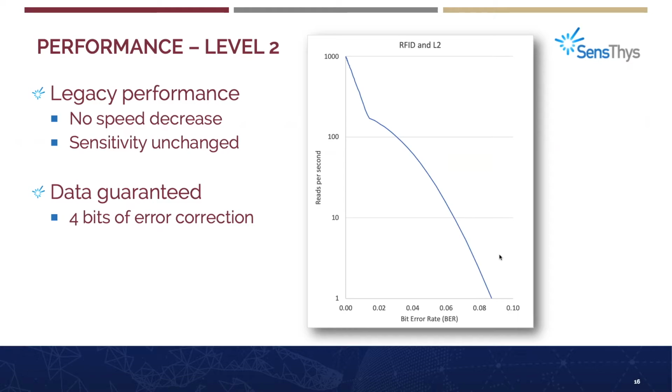It does not change the speed of the reader, and whether or not the reader sees the tag is unchanged, because we're not touching transmission here. We're just fixing the tag, and in our base codec, which has been out there for about 6 months, we guarantee data up to 4 bits being corrupted. Other codecs can get up to 15.